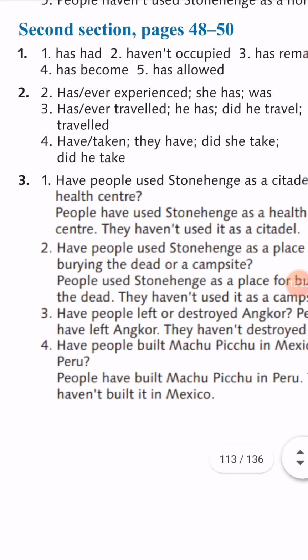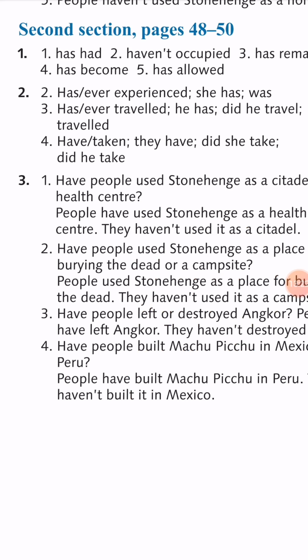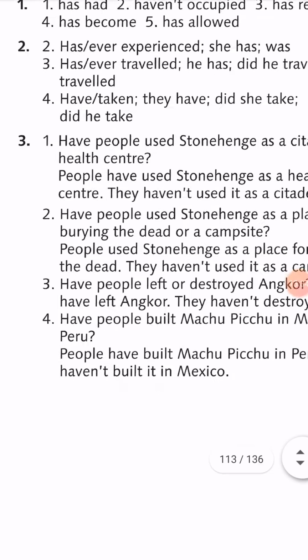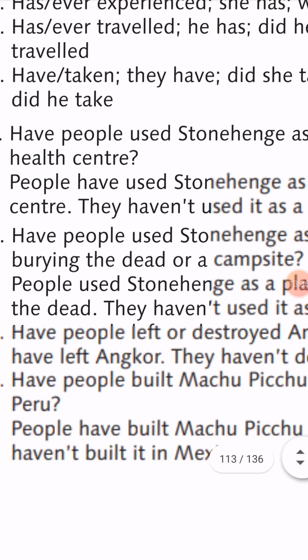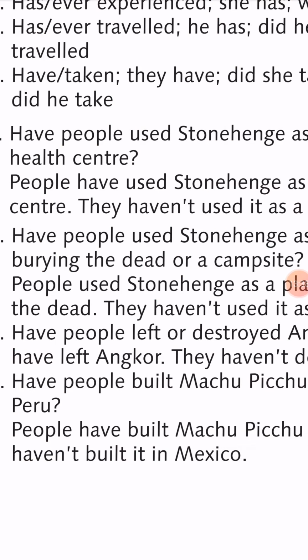Now move to number 2. Here you have the clues. I will read the clues: people, Stonehenge, place for burying the dead, or a campsite. Follow me. In the question, people is plural.